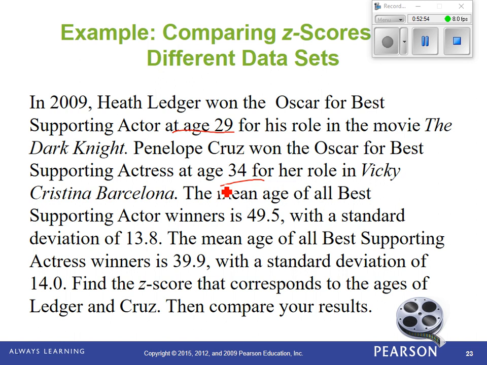So if I'm looking at my number line here, right in the middle, I have 39.9. That's our mean, with 3 standard deviations above, 3 standard deviations below. Where does she fall? Tell me when to stop. About there?